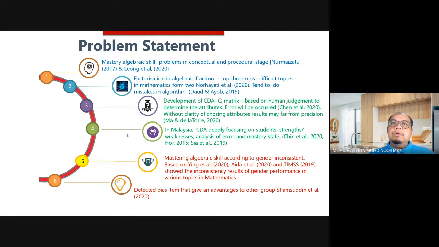During the development of the items, we want to detect item bias that gives an advantage to other groups, find why the bias occurs, and then improve or eliminate the questions.